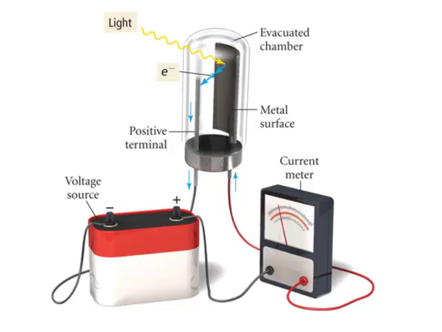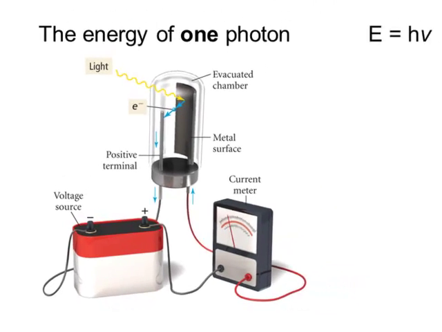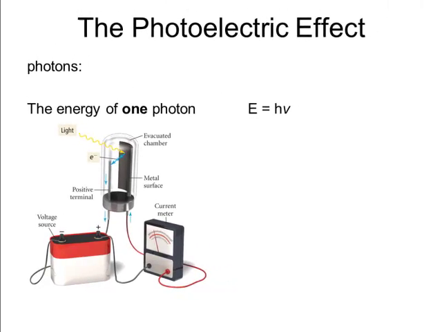Well, in order to have current flow, you have to have electrons moving. So what they came up with was this idea that the light coming in, if it had sufficient energy associated with it, could knock electrons off of this metal surface, cause them to move through the chamber and hit that metal rod. Thus, we were getting current flow.